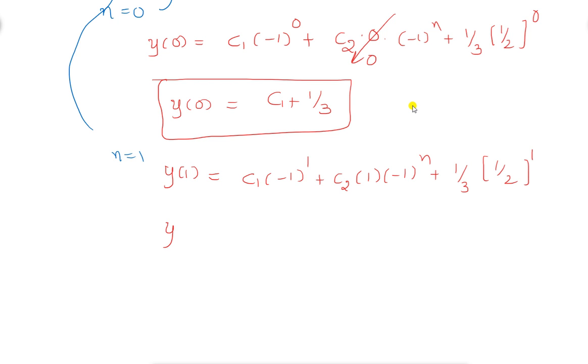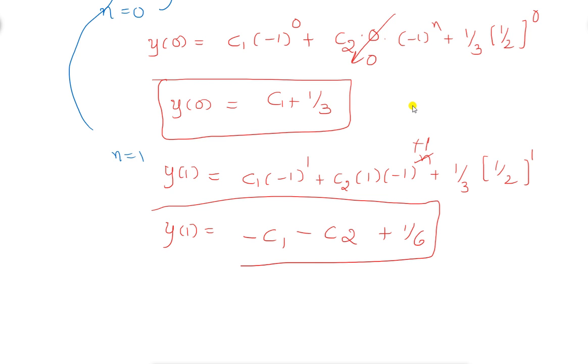Now y of 1 becomes minus c1 minus c2 plus 1 by 6. So this is another equation. If you determine the values of c1 and c2, then our problem is over.